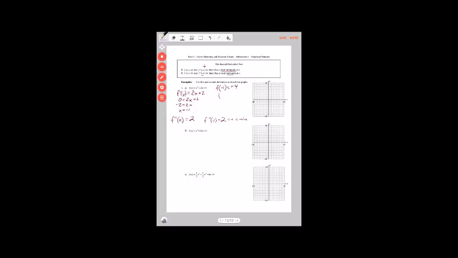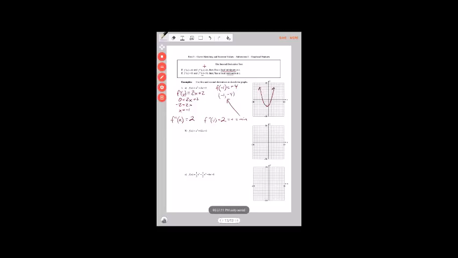So the point here is (-1, -4), and we've already said that that is a minimum. So -1, 2, 3, 4, and this point is a minimum, so it kind of looks like this.